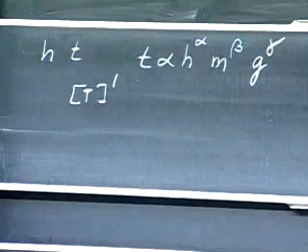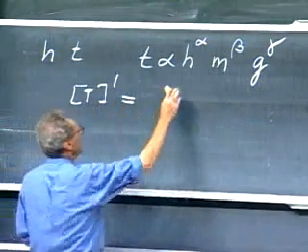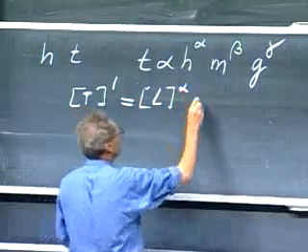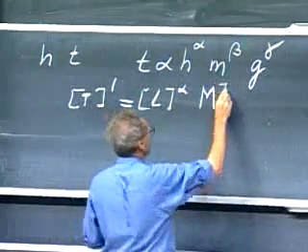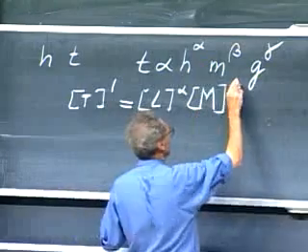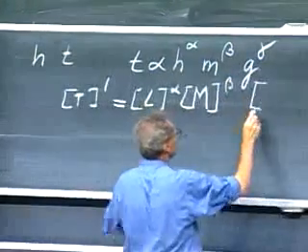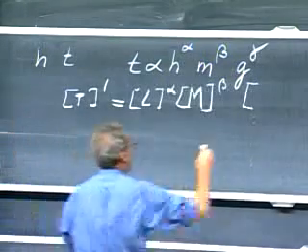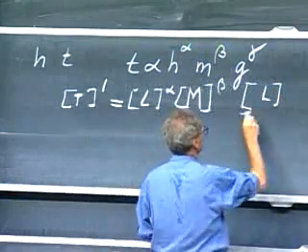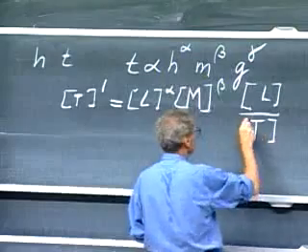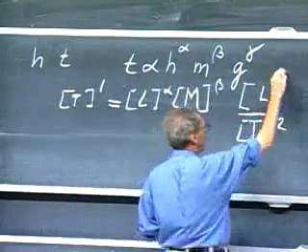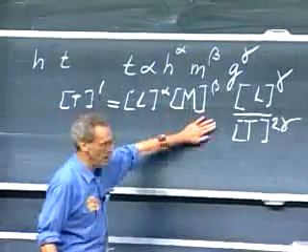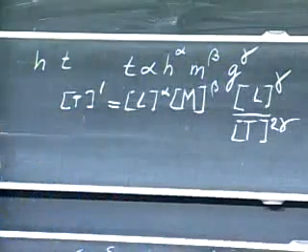It's that T. That must be the same as length to the power alpha times mass to the power beta times acceleration. Remember, it is still there on the blackboard, has dimension L divided by time squared, and the whole thing to the power gamma. So I have a gamma here, I have a gamma there. This side must have the same dimension as that side. That is non-negotiable in physics.